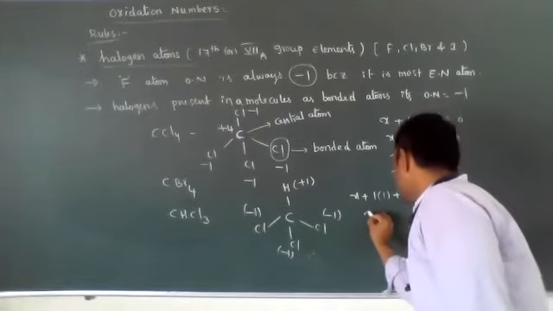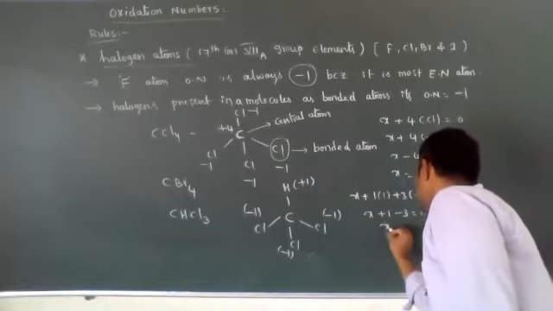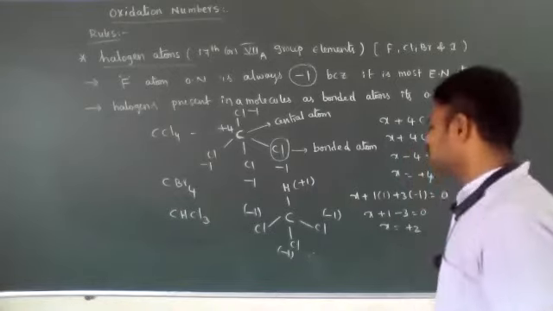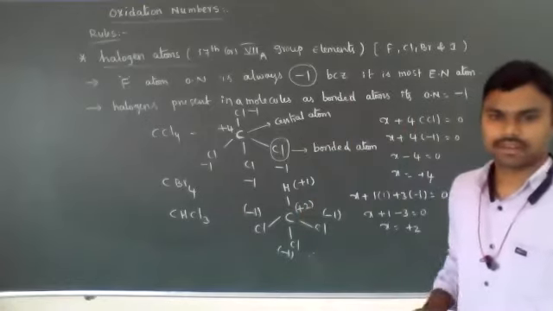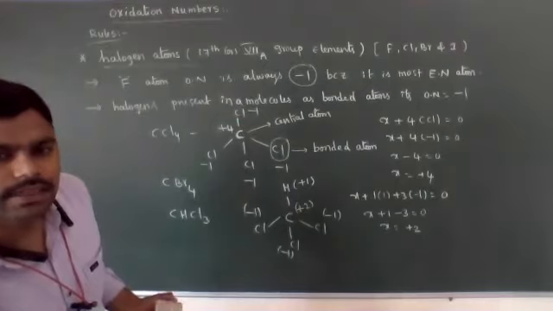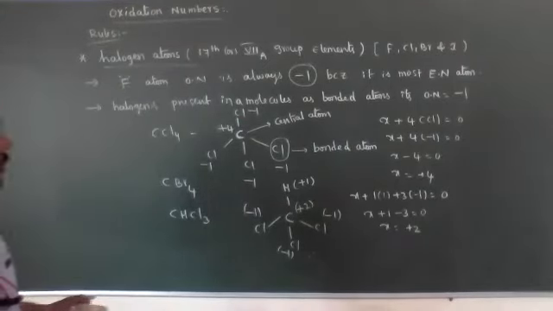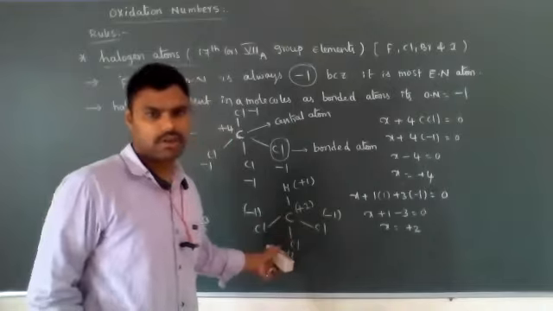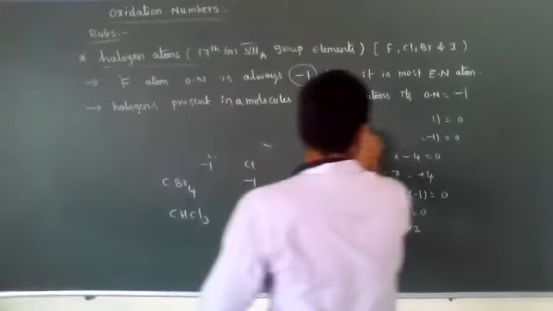Then X plus 1 minus 3 is equal to 0. Then X is equal to +2. So here the carbon oxidation state is +2. So when halogen atoms are present as bonded atoms, their oxidation number is considered as -1. Okay, clear? Next condition, it is very, very important.